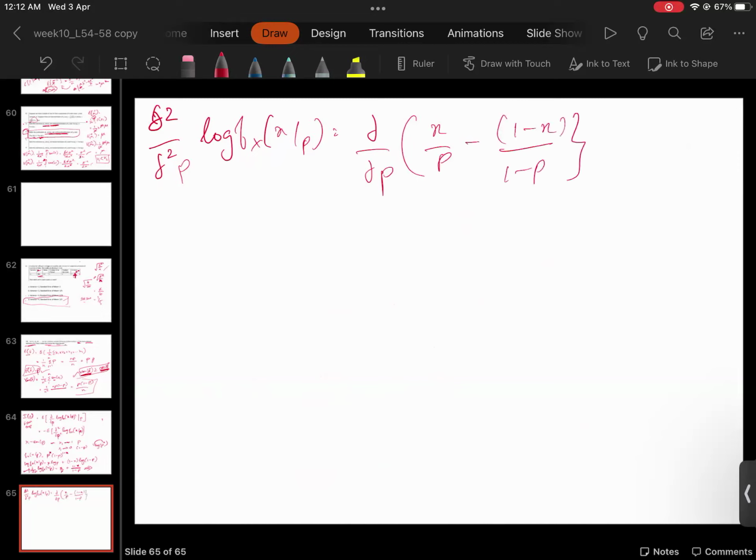And now when you differentiate 1 by p, you will get minus 1 by p square. And here also you will have 1 minus x by 1 minus p the whole square. And this is a double differential.